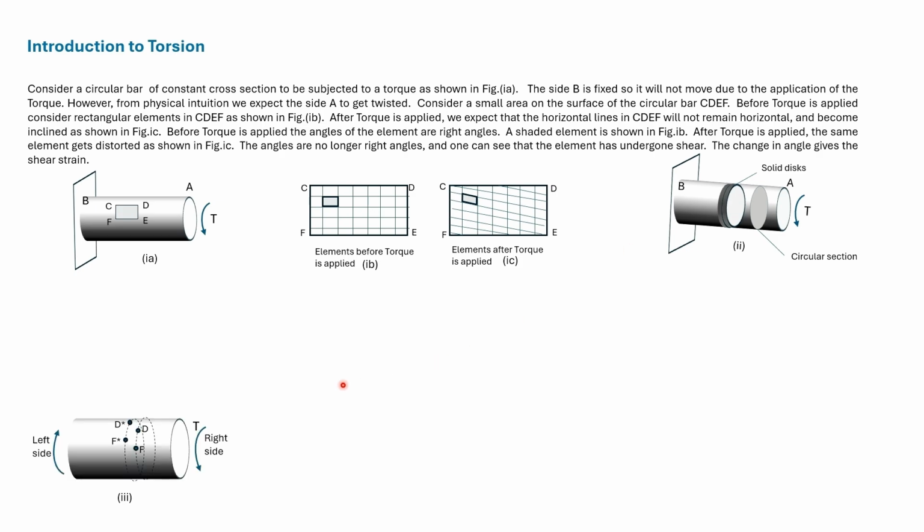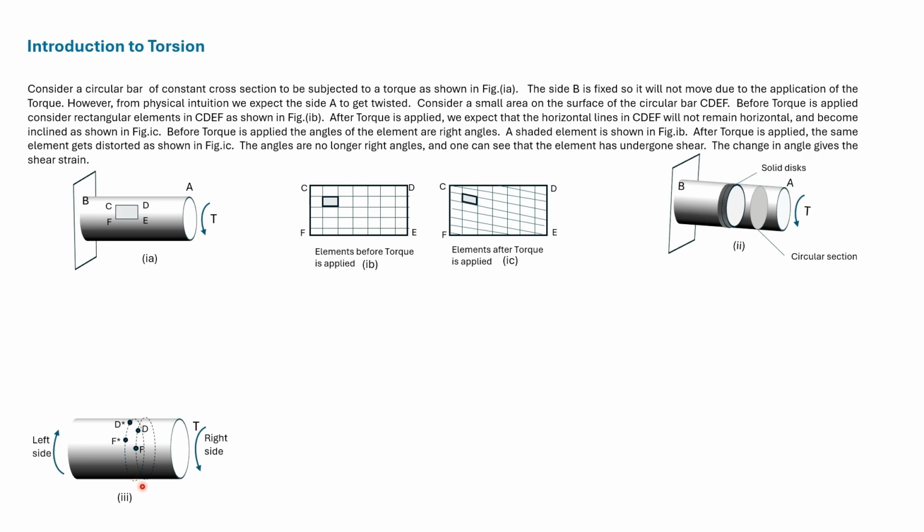We now show that plane sections remain plane when torque is applied. So this again is a circular bar of constant cross section. We applied a torque T on the right side. Considering equilibrium, a torque will act on the left side in the opposite direction.